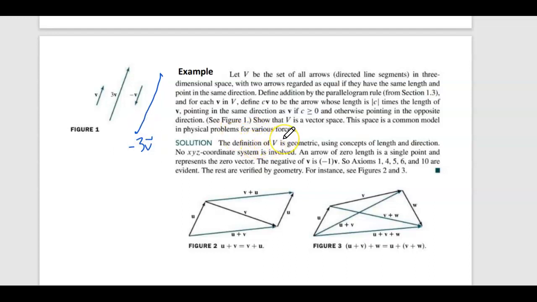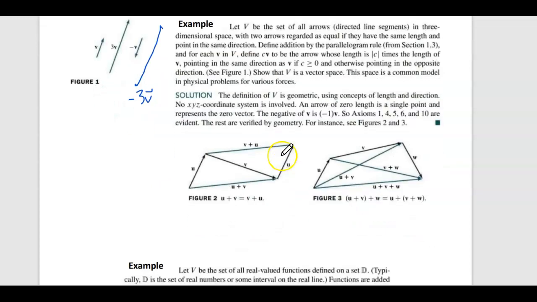The definition of v is geometric. We know what length and direction look like in a plane. An arrow of zero length is just a single point. It's the zero vector.